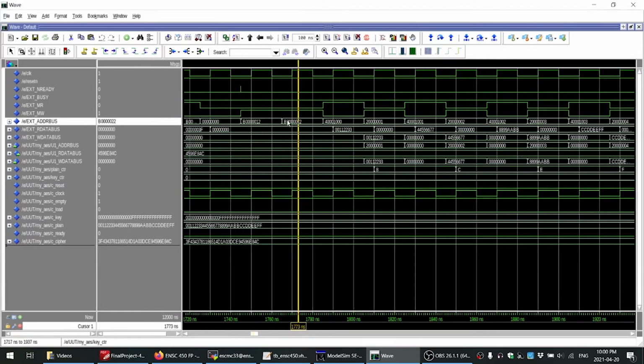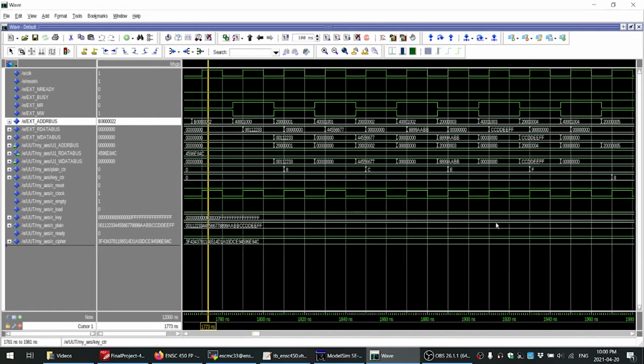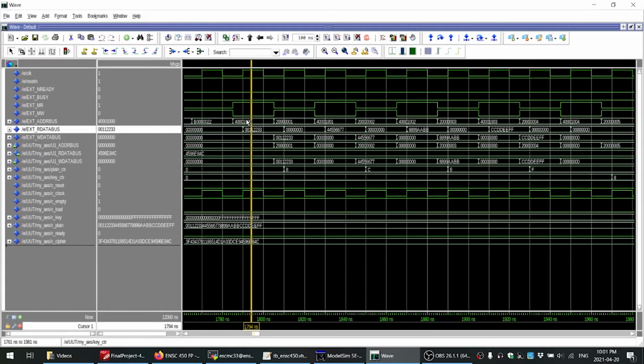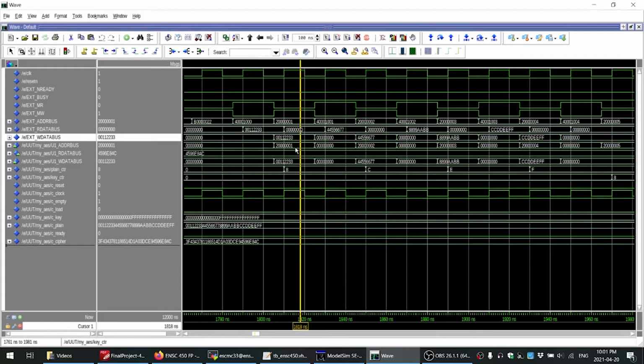Here we reset and start a second counter for the second test case, where the CPU is reading from the SRAM and then writing that to the AES core. Here we see this data is being read from the SRAM and then being written to the AES buffer.